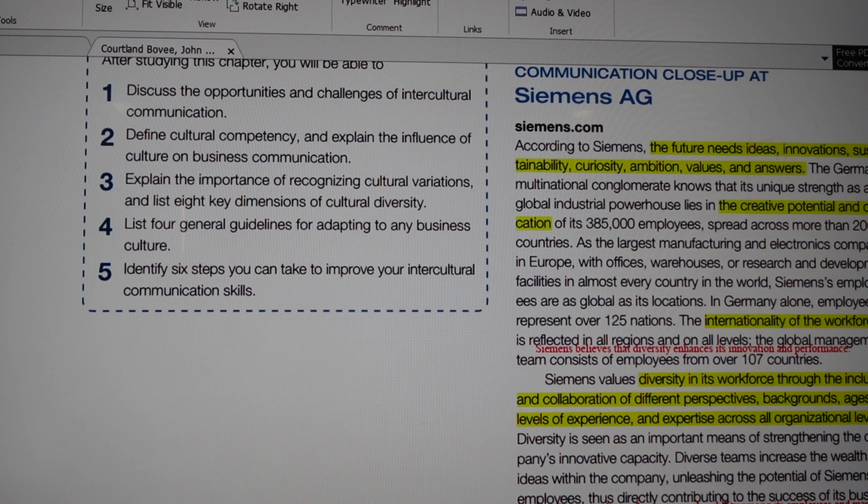As a result, Siemens brought one policy. What policy? The policy of cultural diversity. Hiring employees from different cultures.